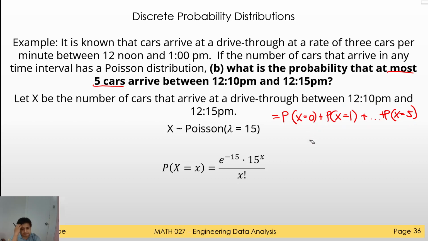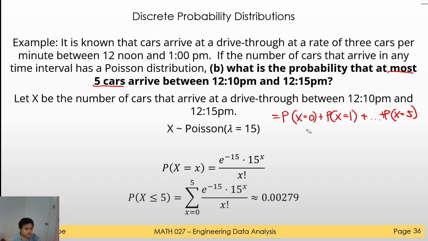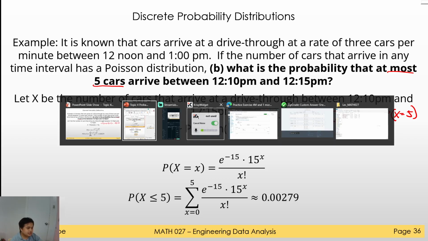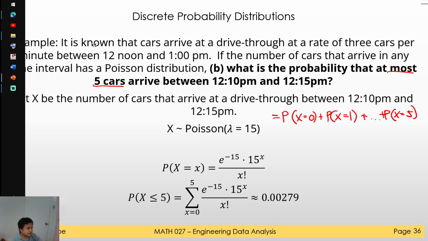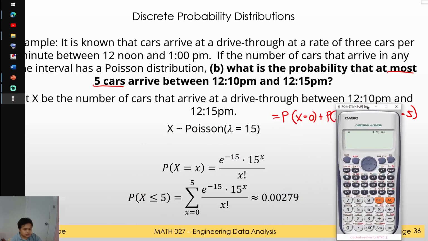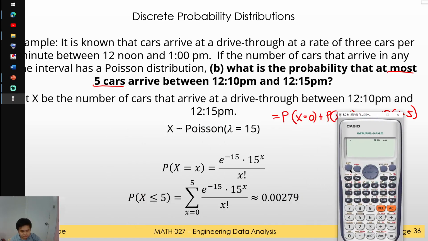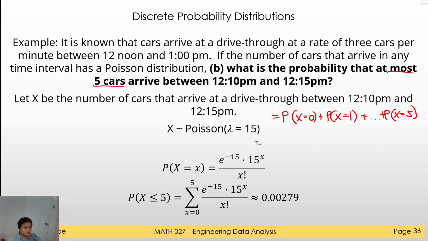Now, how do we find that? What we can do, guys, is just use your calculator. A trick here is to use the sum function in our calculator. We need to know the probability from 0 to 5.